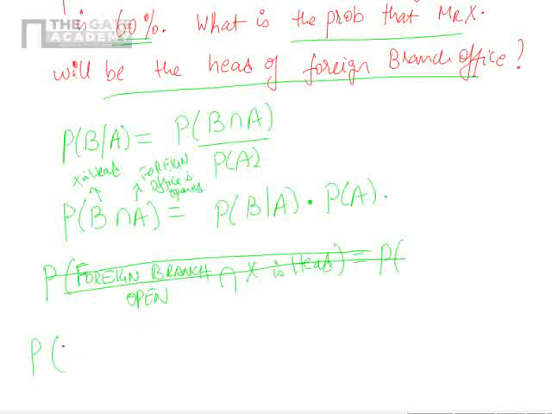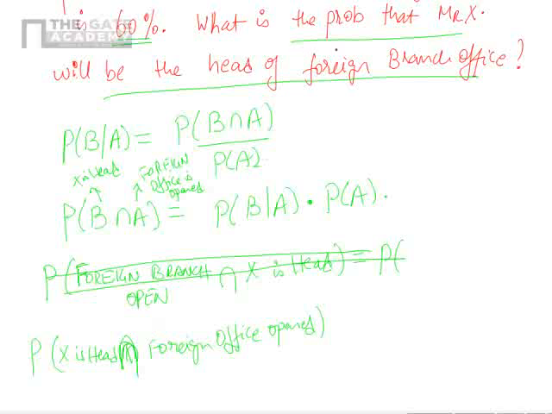Correct? So, probability that X is head, intersection foreign office opened is what we are interested in. Correct? That's what is asked.